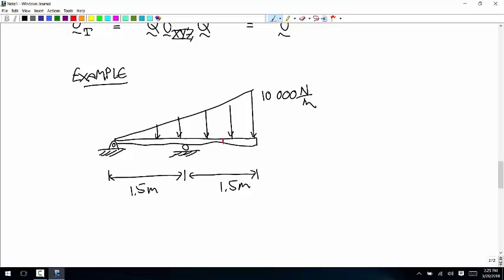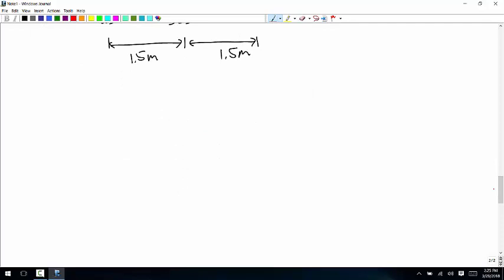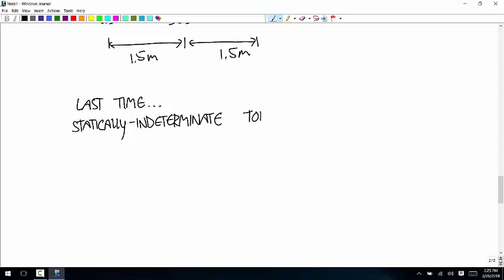Okay. All right, so I want to do the statically indeterminate torque problem that I set up last time. I think it looked like this.